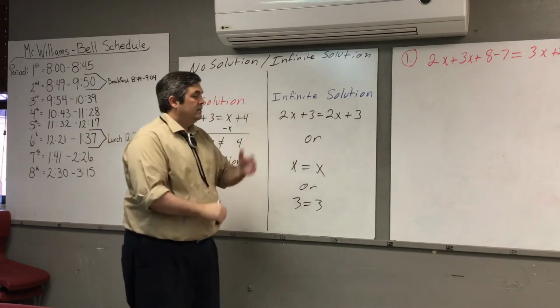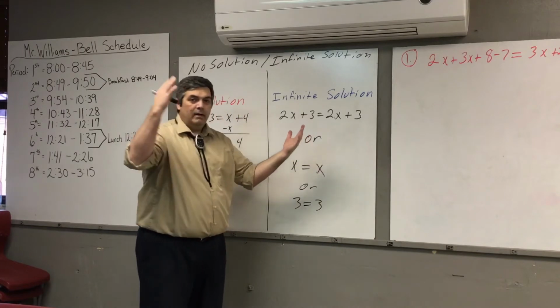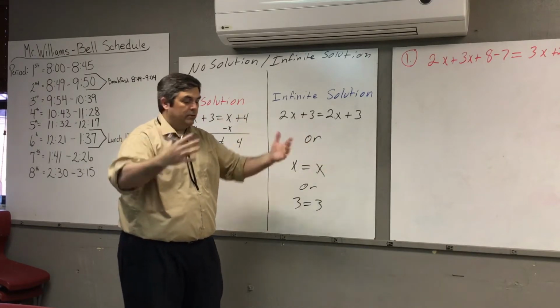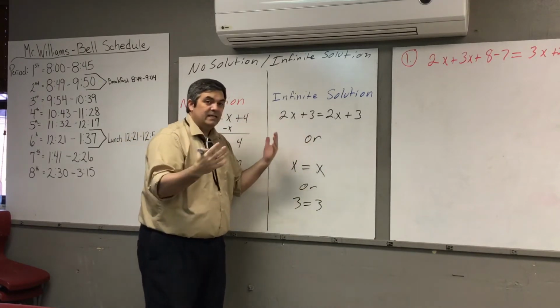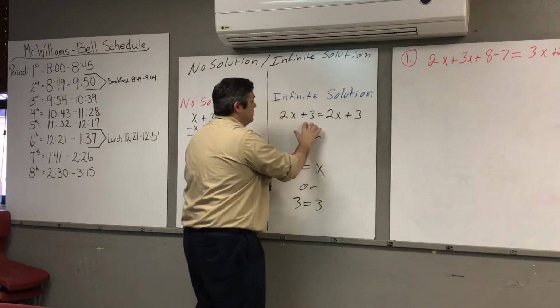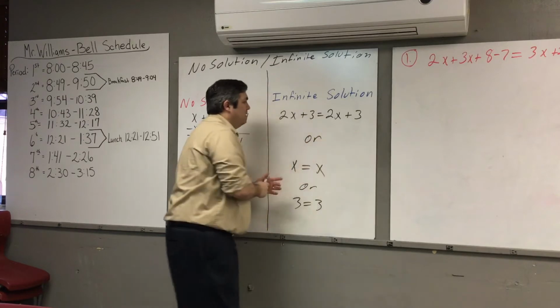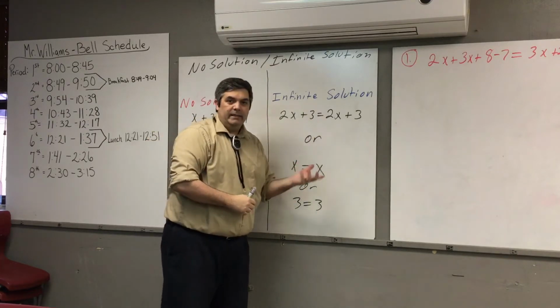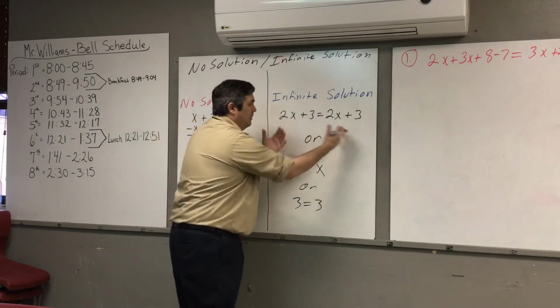Infinite solution is going to be the exact same thing over here as is over here. So they're going to end up being the exact same numbers, like 2x plus 3 equals 2x plus 3. So this equals this. Well, yeah, of course this equals this. They're identical on both sides.